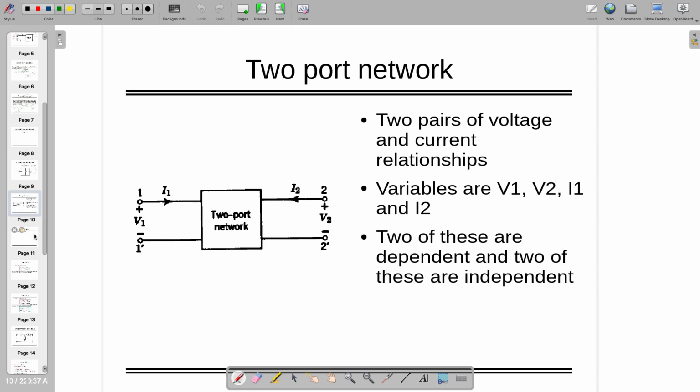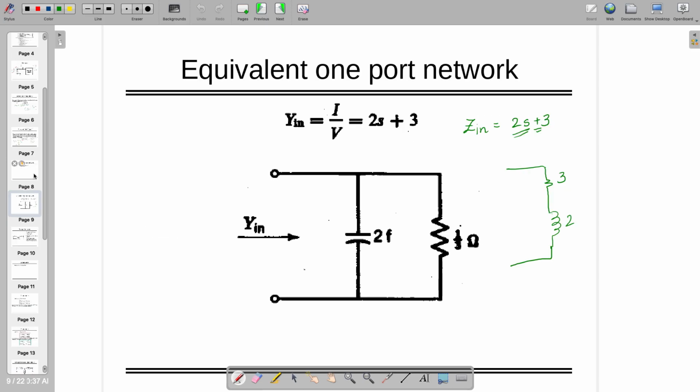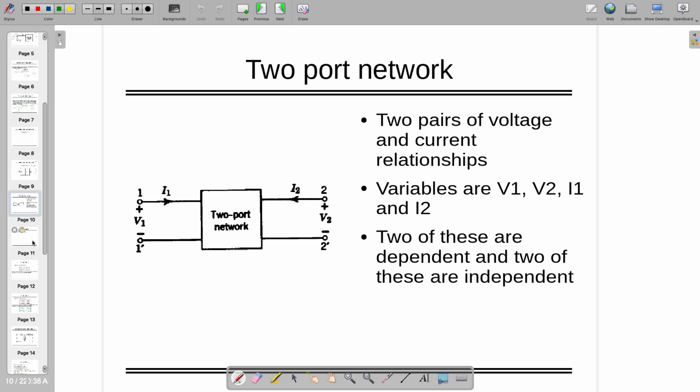So this was just a glimpse of the next part of our course, which is known as synthesis. You will have much more complicated equations than this one, and you have to find out the circuit. Right now the first part is analysis. Let's be experts of analysis, and thereafter we'll go to synthesis. In analysis, this is the last chapter.